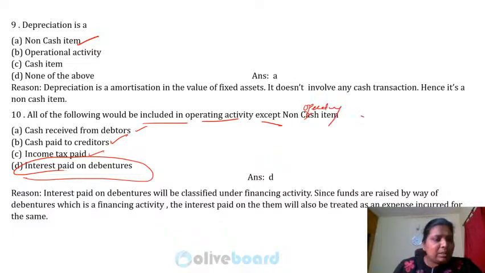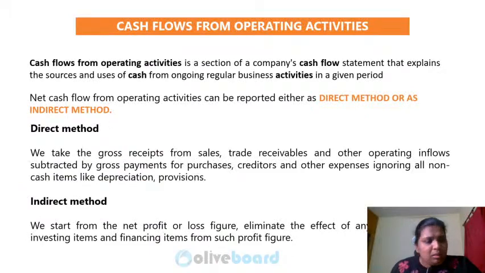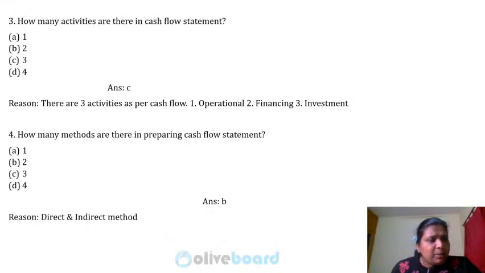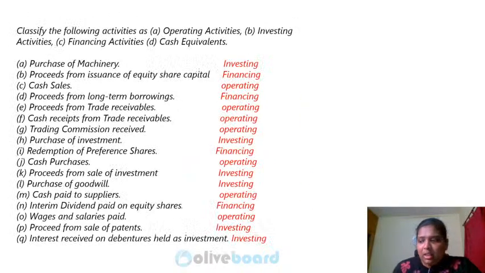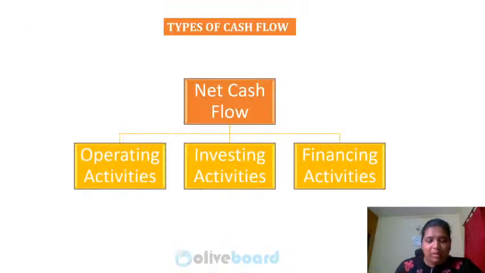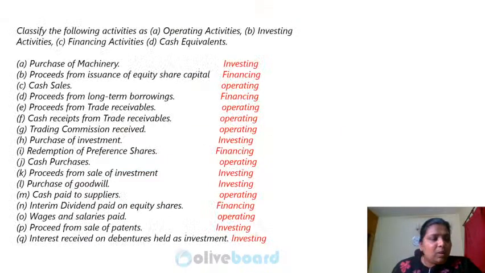All right, this question. I think we did some tax related question, no? Let me check. Yeah, here it is. Here what we did, cash paid to the suppliers, this one we discussed, I guess.